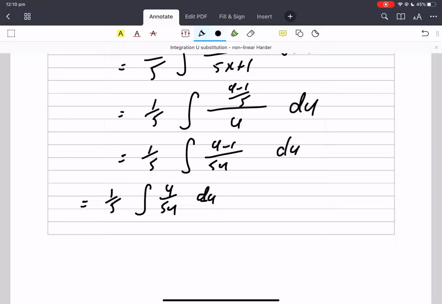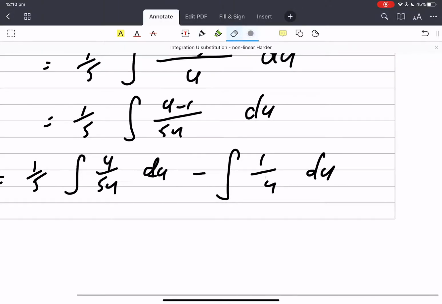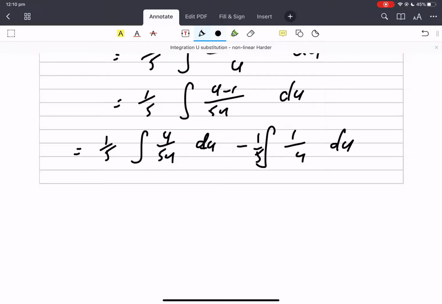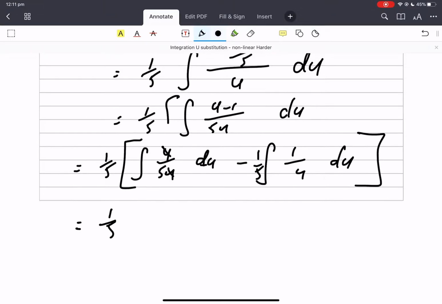Let's split this up, minus the integral of 1 on 5u. We want that 5 out front, don't we? Those u's are going to cancel. That 1 on 5 is to the whole thing, isn't it? Because the 1 on 5 is to the whole thing.